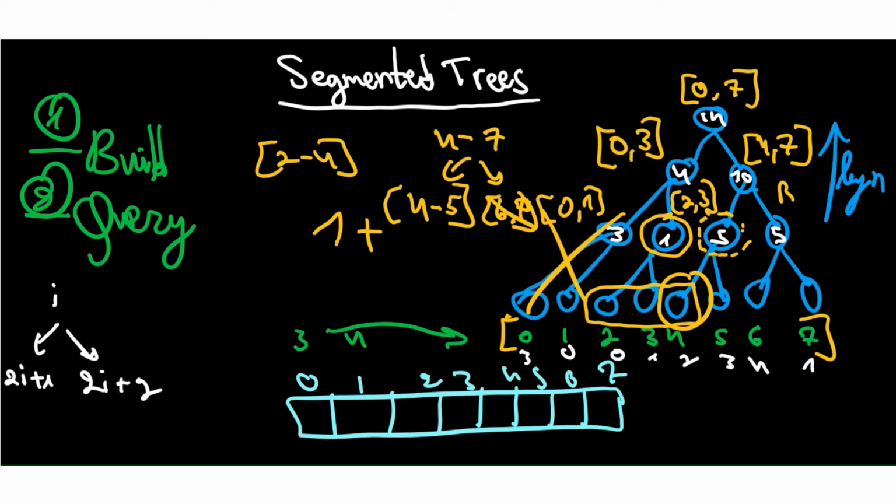No, it's outside the bound. 4 to 5, yes, but it's not fully included here, so we continue to the left and to the right, and now we have 4 to 4. 4 to 4 fully included. And to the right child, we have 5 to 5 not included, and we finished. We know that the sum is 1 plus 4.